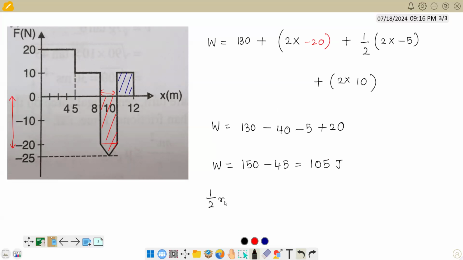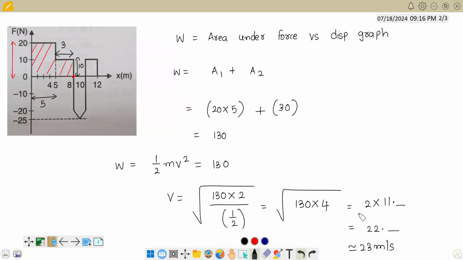We equate it to half mv square equals 105. So we will get the new velocity as root of 105 into 4. Let me solve the value of root of 105 into 4, which would give you about 20.5 meter per second.